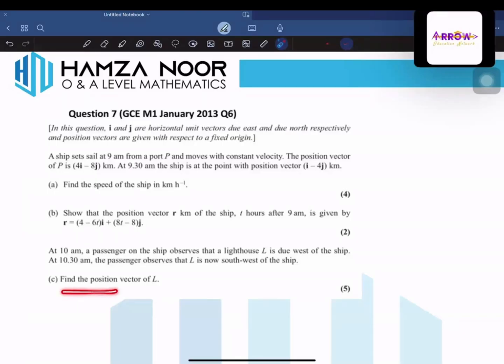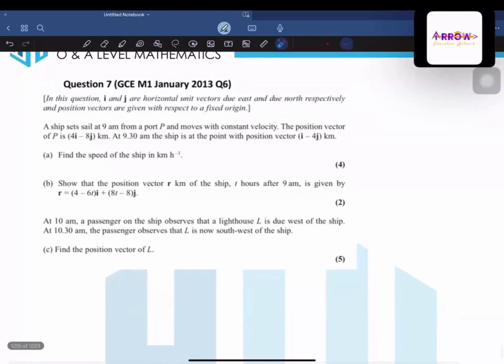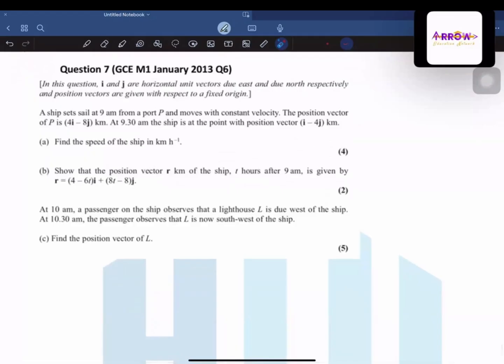So the requirement of part C is to find the position vector of the lighthouse, L. First, before attempting this part, I'm going to make a sketch to show what's actually going on.